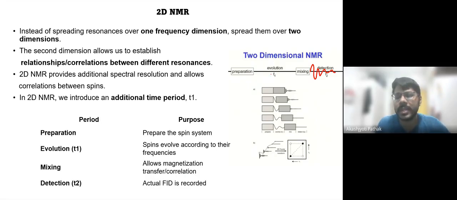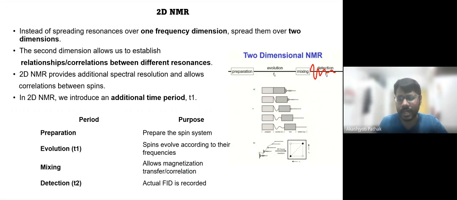So what is done in a 2D NMR is that small increments in T1 are made, and at each increment of T1, an FID is collected. Basically, what is happening in 2D NMR is that an additional time period, T1, is introduced.